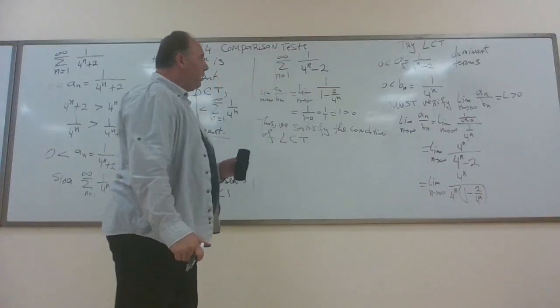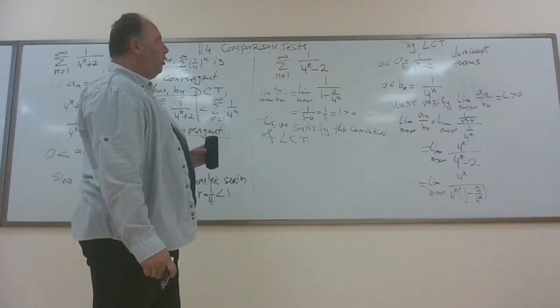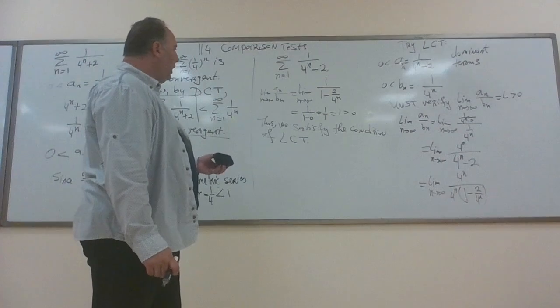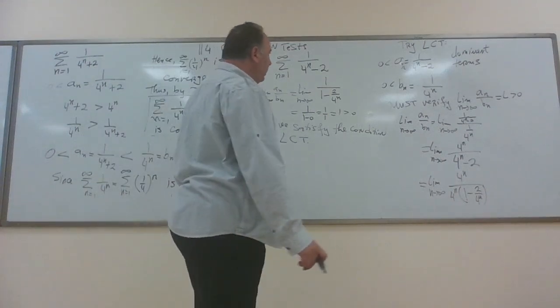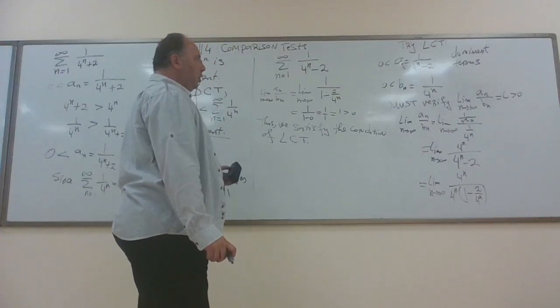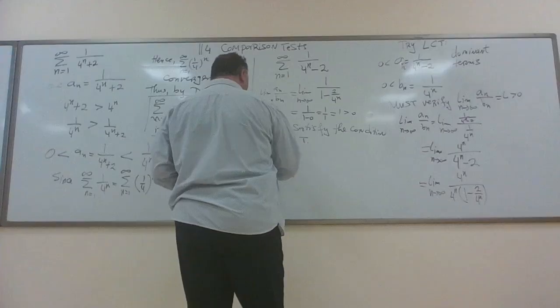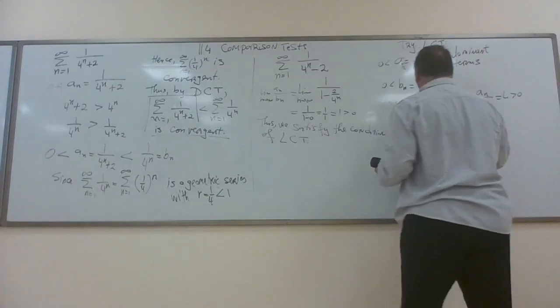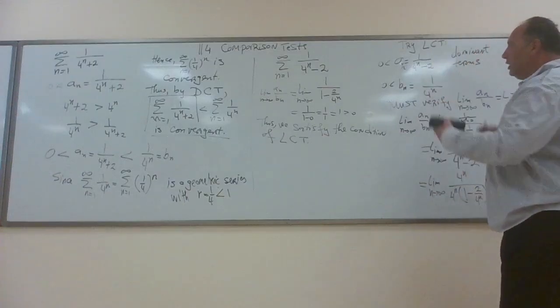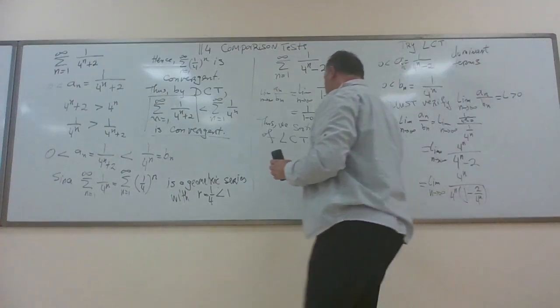So now we can use the conclusion of this theorem. What does it say? Well, it says that both series either converge or both series diverge. So what do we know? That this series is convergent, therefore our series will be convergent also.